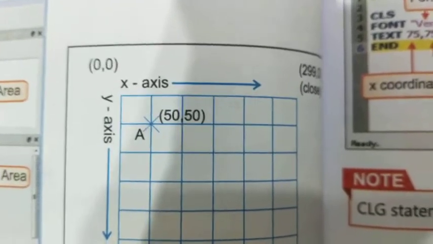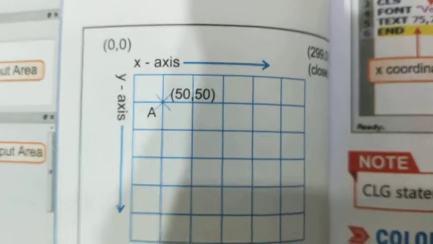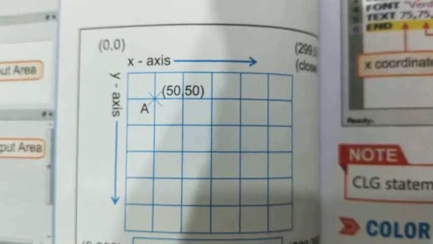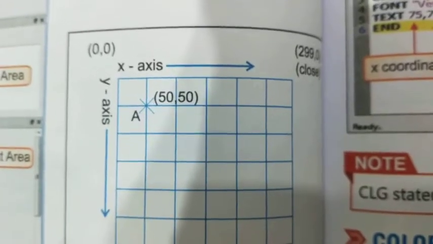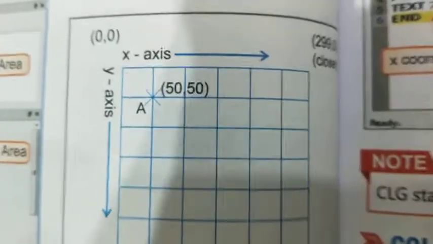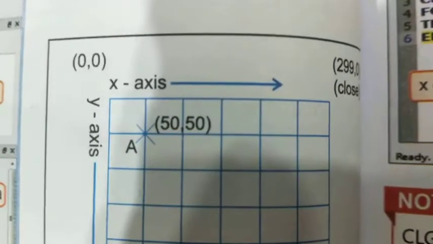You already know all these things from mathematics when we make a graph. So it is like a graph only. Here you can see the 50,50 pixel location.